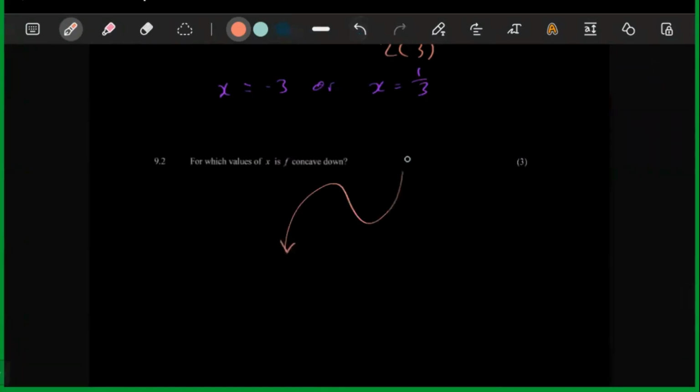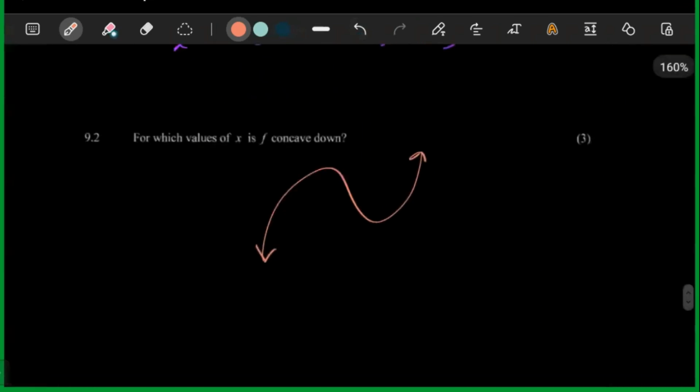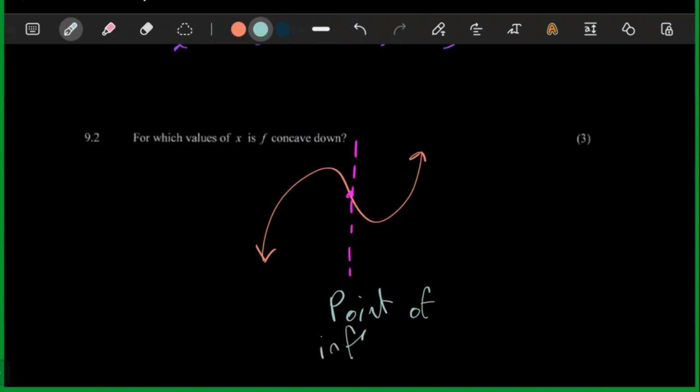So if your picture looks like this, and you're going to work out where your graph is concave down, it's all about knowing the x value of the point of inflection.